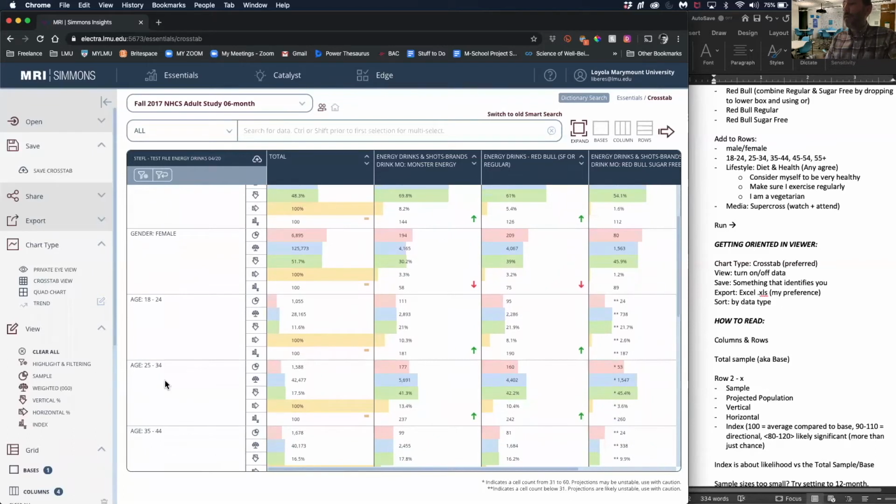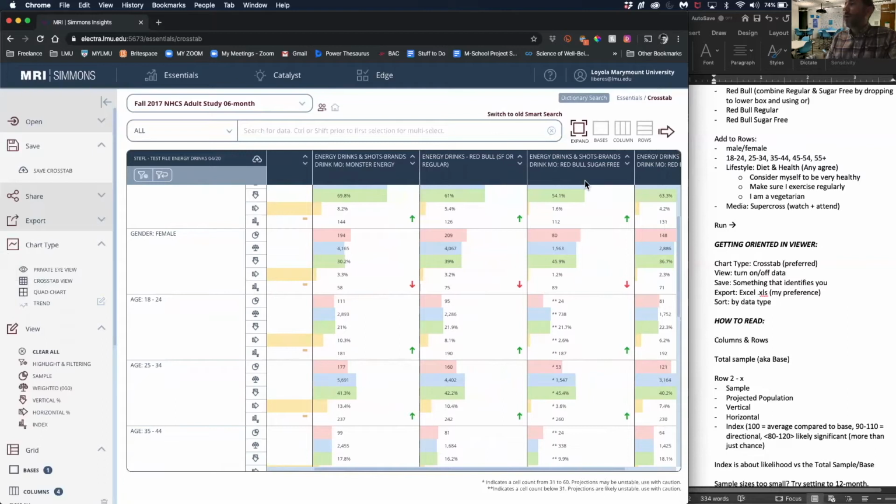Let's try another. What percent of Red Bull sugar-free drinkers are female? We know it's 45.9%. What percent of females drink Red Bull sugar-free?